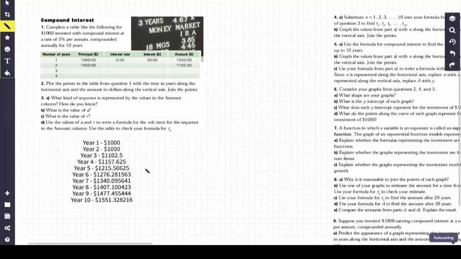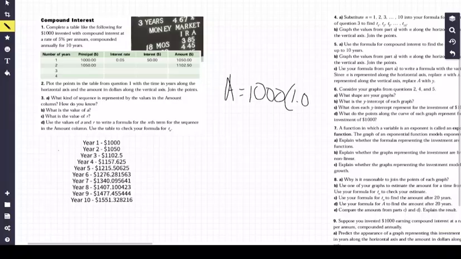So let's do A of t. A is equal to our principal being 1,000, times our interest rate, 1 plus 0.05, to the 10th power.